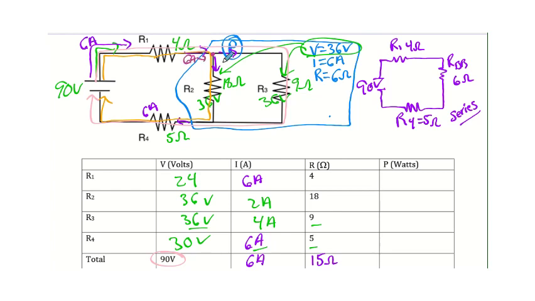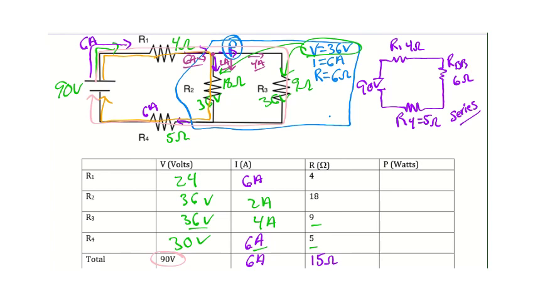We had 2 amps go through resistor 2, and we had 4 amps go through resistor 3. And again, the rule for current in a parallel circuit is that it adds. And 2 amps plus 4 amps gives you the 6 amps.